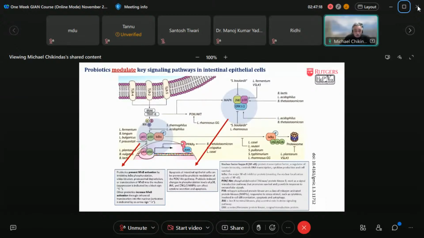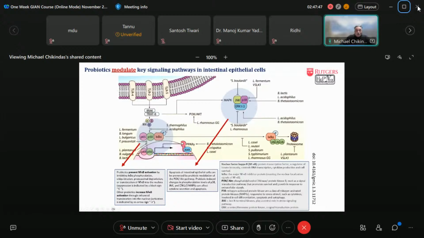Undoubtedly, it has been shown that probiotics can prevent NF-kappa B activation, and can inhibit the phosphorylation, degradation or translocation of NF-kappa B into the nucleus. And whenever the probiotic or other microorganisms are working as inhibiting factors, you can see these kinds of signs used here.